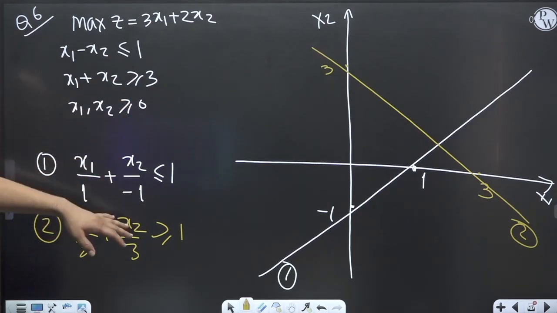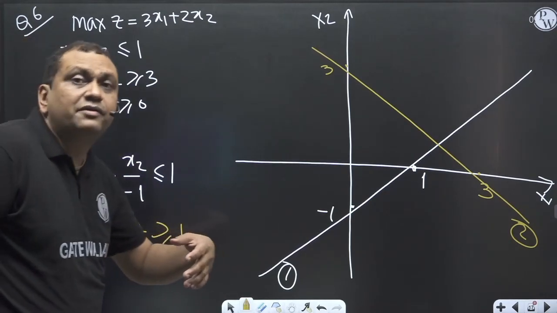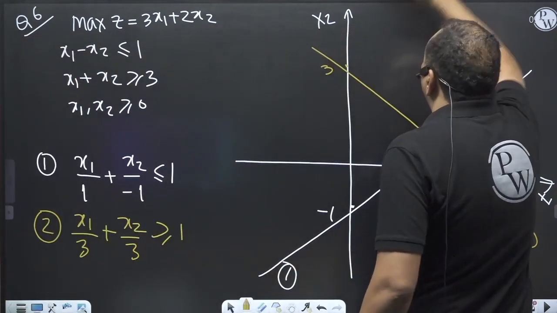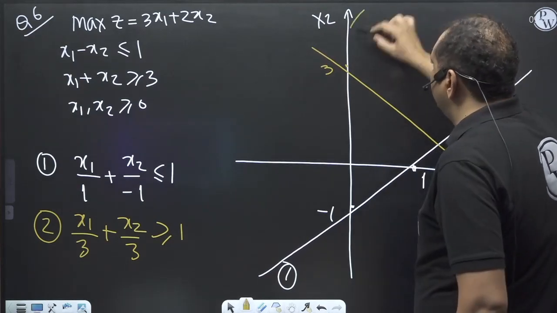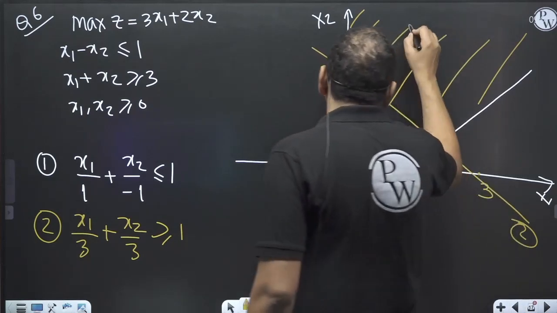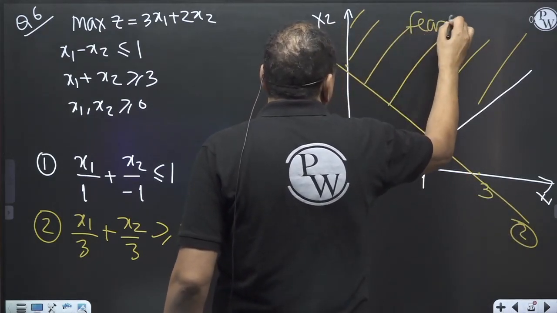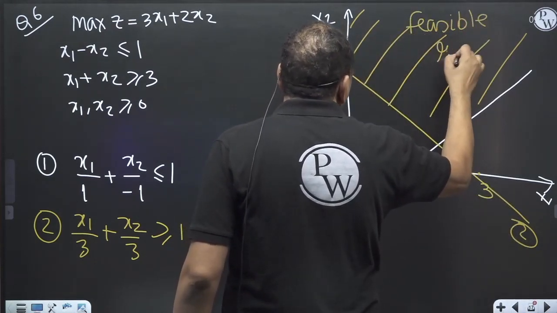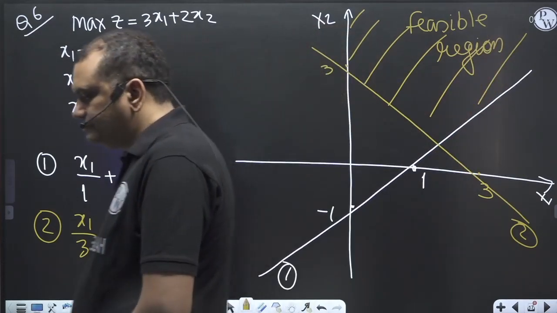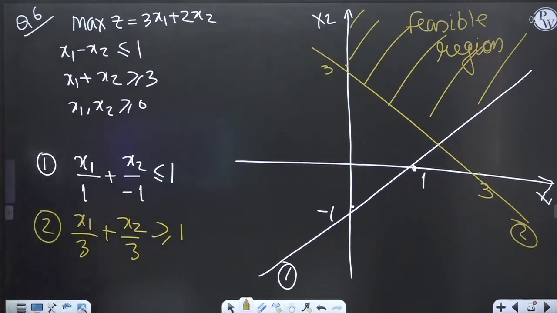Because it is a greater than or equal to sign, the region will be away from the origin. So this is your feasible region.